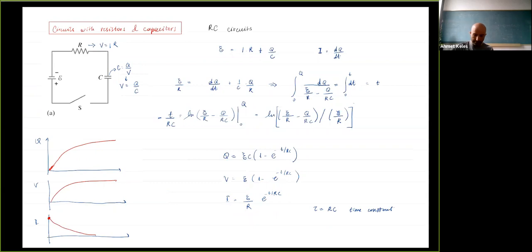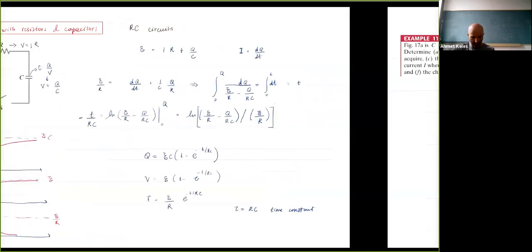And this value is what we can read from the graph: this is E times C, this one is E, and this one is E over R.